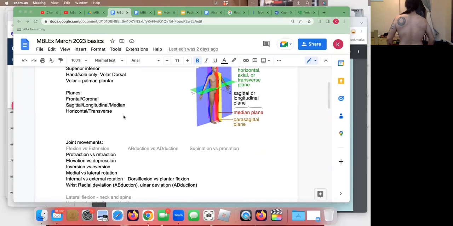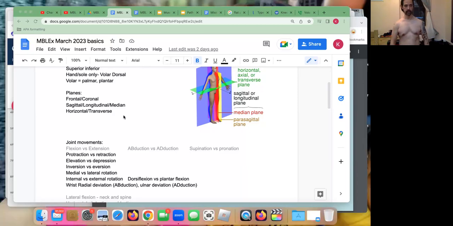From the front and side, it looks like this. So elevation and then depression. Elevation, feel your upper traps contracting. Depression, feel your lats contracting. And then protraction, feel your pecs contracting, such as they are. And then retraction, feel your rhomboids contracting.